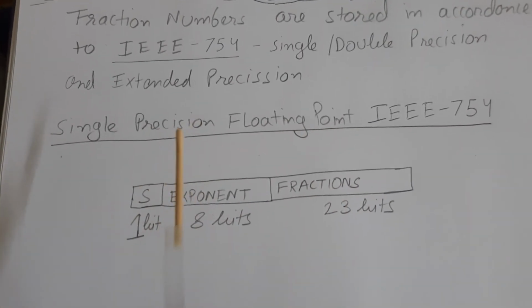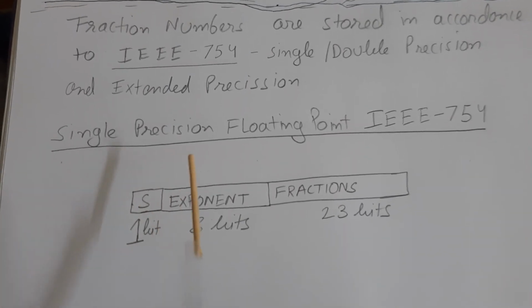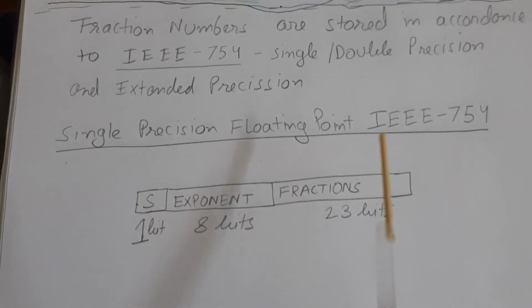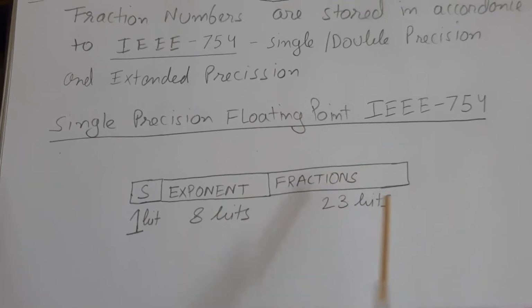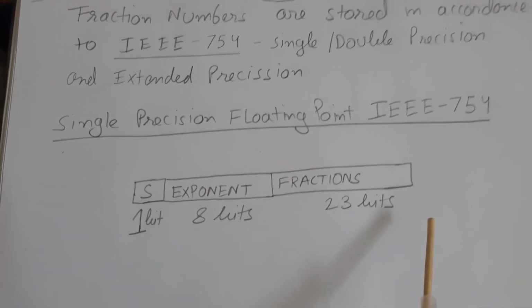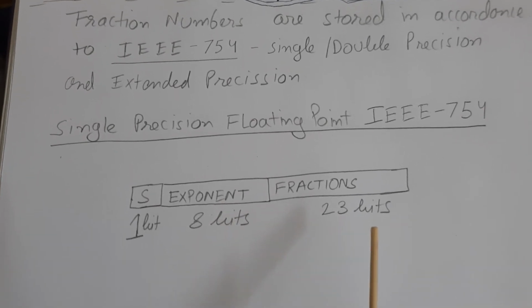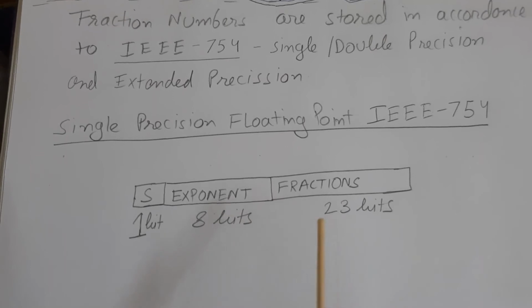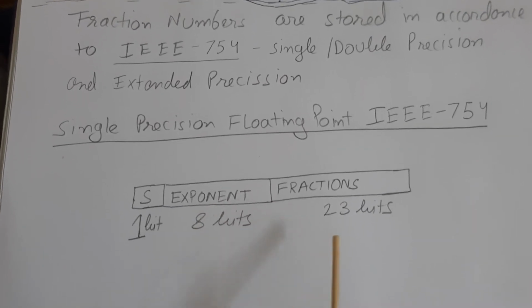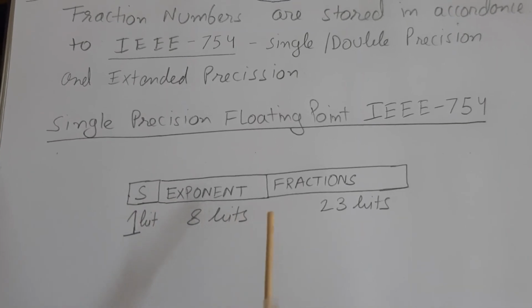But there is one thing that needs to be considered with the single precision floating point IEEE 754. This format comes with a percentage error. Not all fractions are stored exactly in this format.